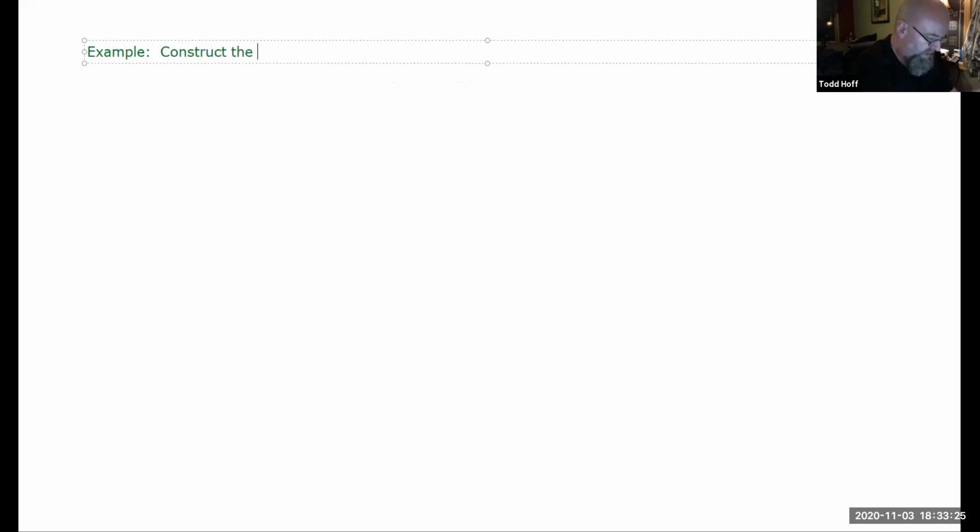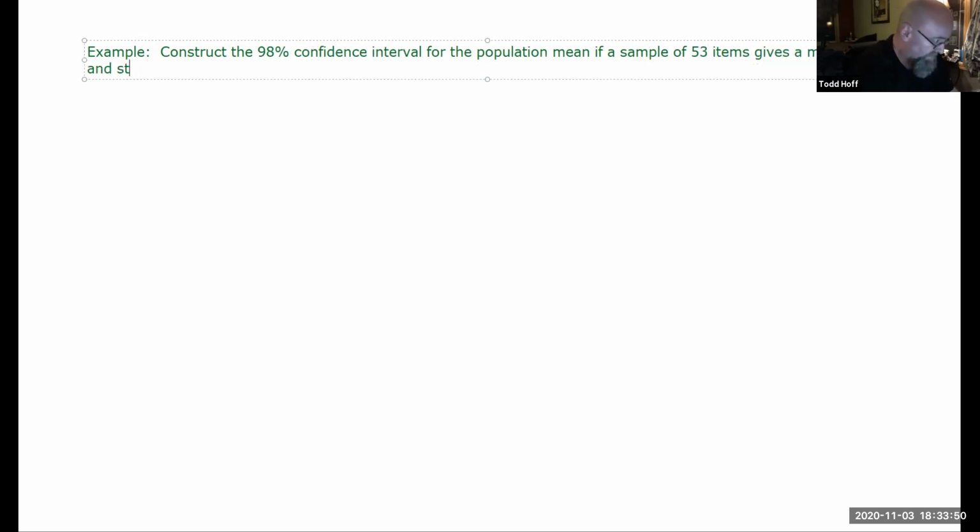Well, let's take a look at some examples here. Construct the 98% confidence interval for the population mean if a sample of 53 items gives a mean of 28 and the population standard deviation is known to be 7.